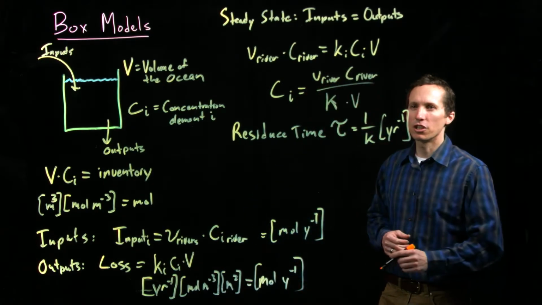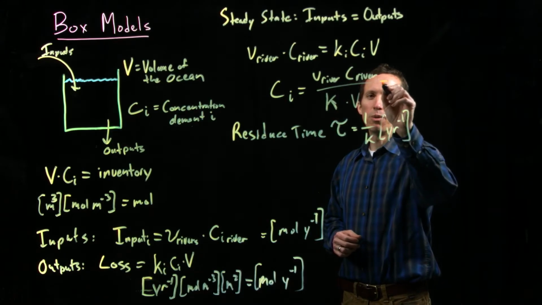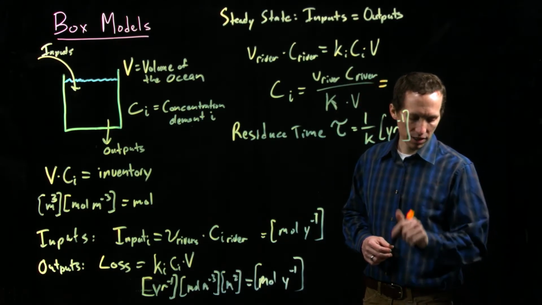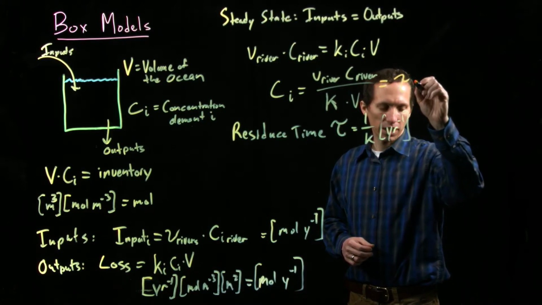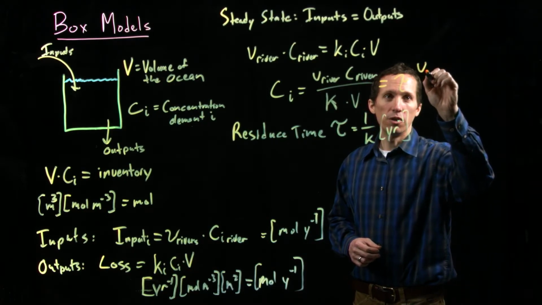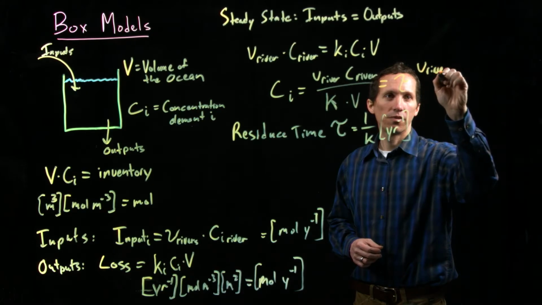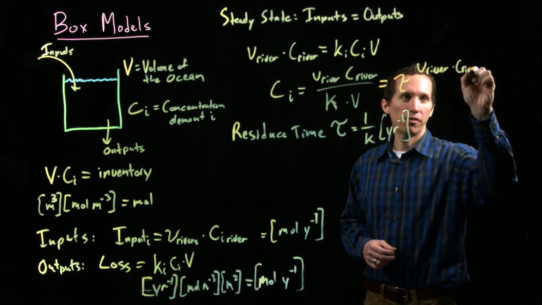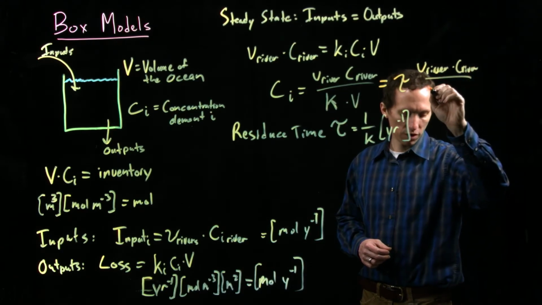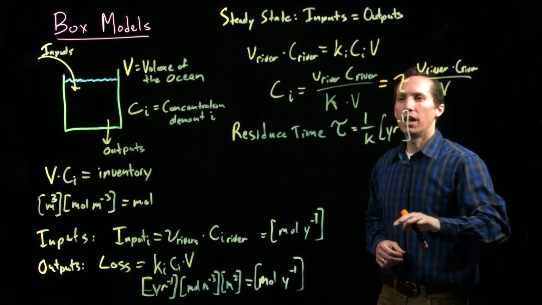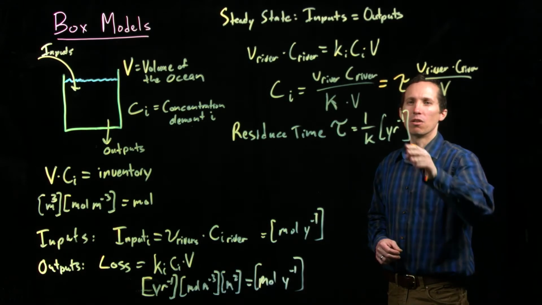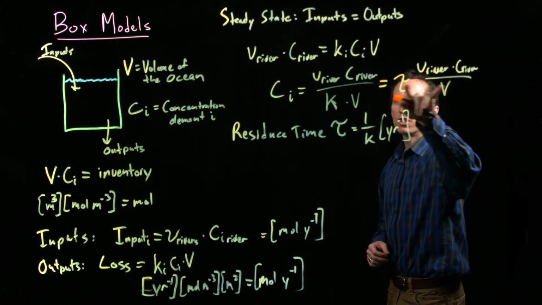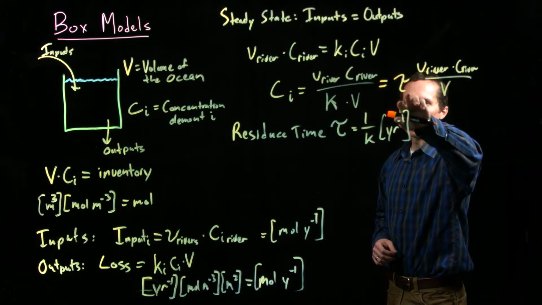So given the definition of residence time, we can rewrite this equation here and describe it as tau times V_river times C_river over V.